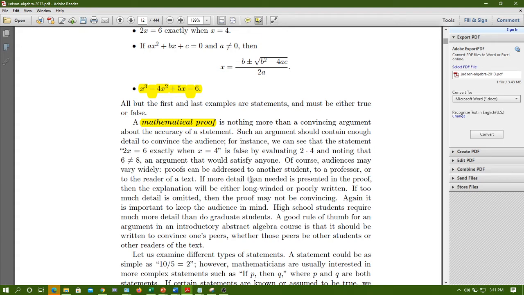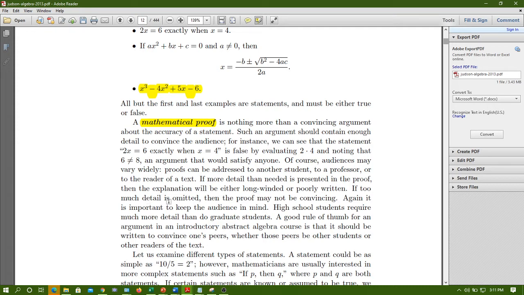If too much detail is omitted, then the proof may not be convincing. See that either way, you should be writing enough proof.